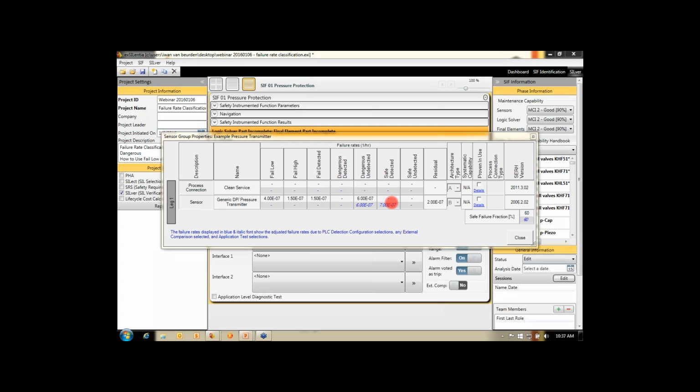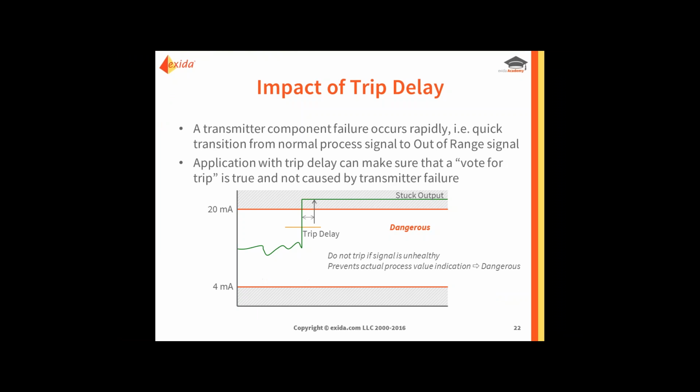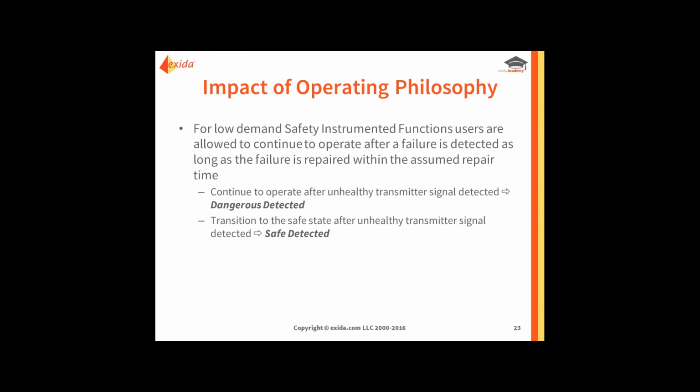They will cause a spurious failure. We know that something is wrong on application level because we detect them. So we know from a sequence of event perspective what happened and why we tripped, but we're still tripping. And that's, as I said, based on the application or operating philosophy of the particular end user, and that's what we're talking about in this last slide.